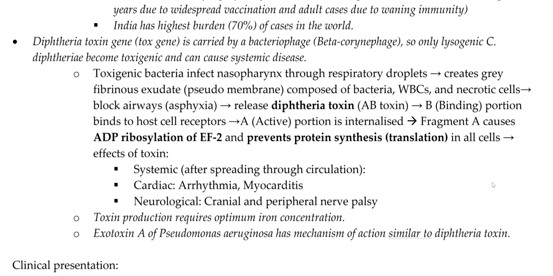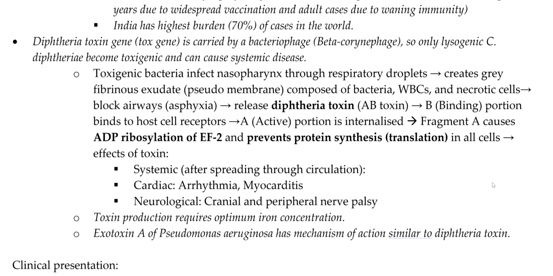So due to this ADP ribosylation, it prevents the protein synthesis or translation step in the host cell, and that leads to inhibition of protein synthesis. And then this toxin has affinity towards heart, nerve, and adrenal glands. So it enters into the systemic circulation and causes cardiac and neurological complications.